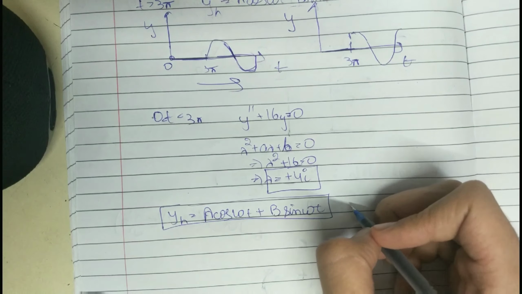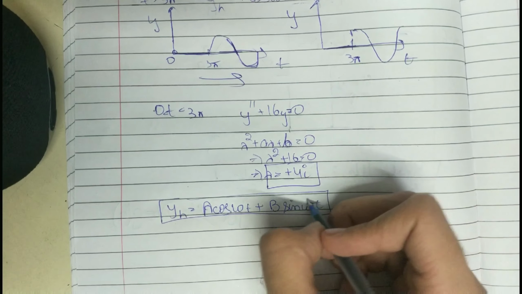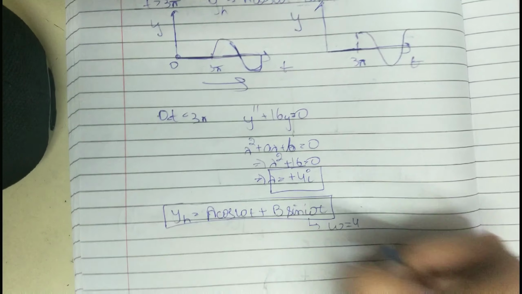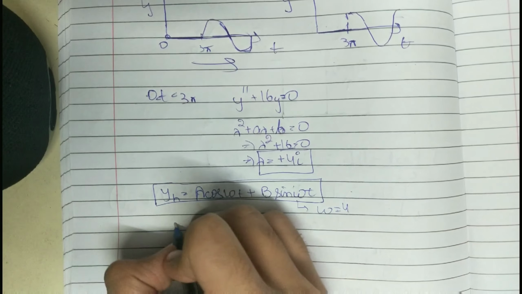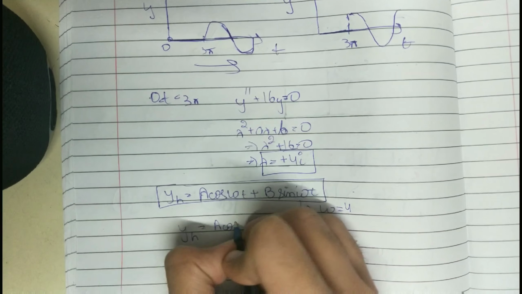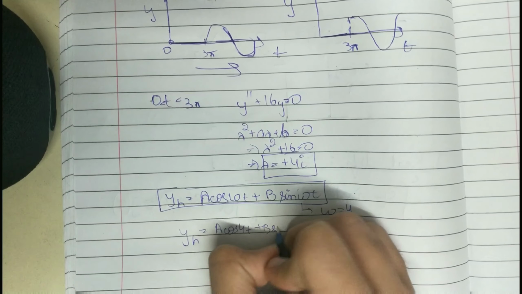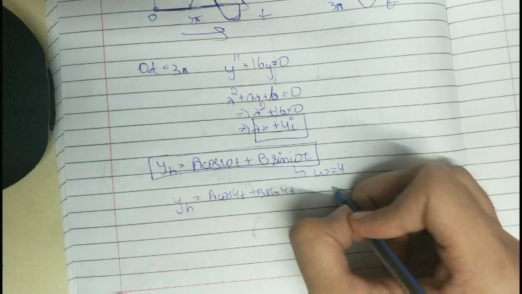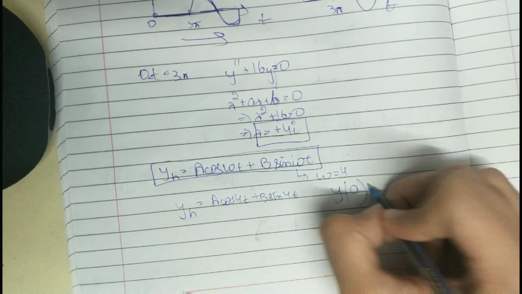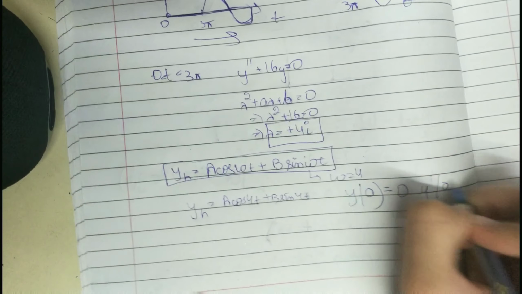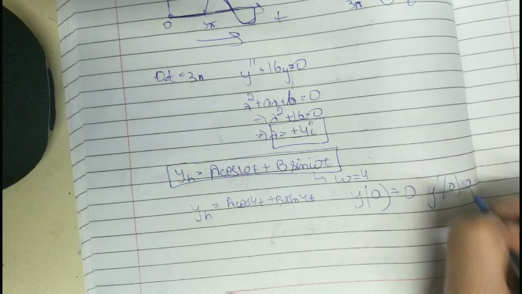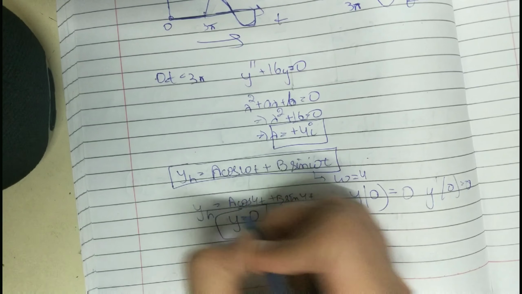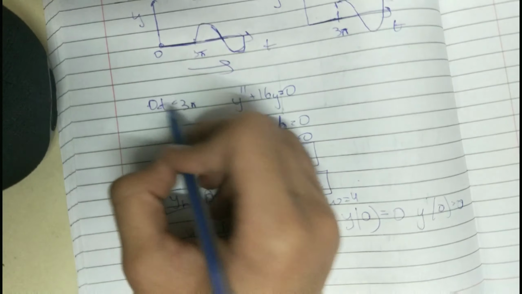Now, if we put in here omega is 4 for this case, yh would become a cos 4t plus b sine 4t. Now, if we try to find the value of y using our initial conditions, we'll find that both a and b become 0, and y for the interval before 3 pi becomes 0.